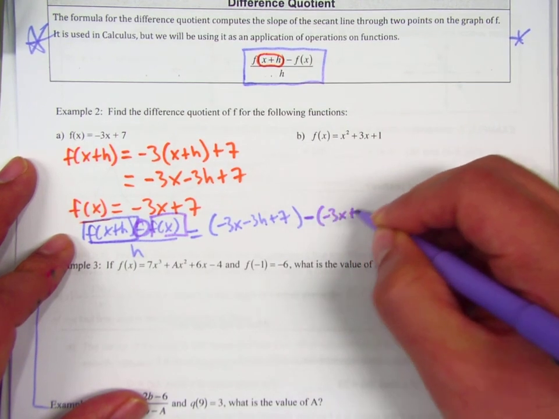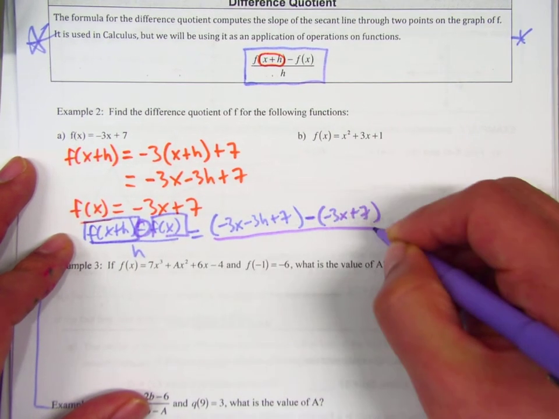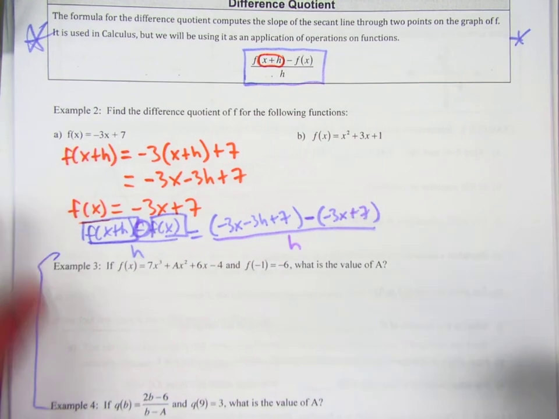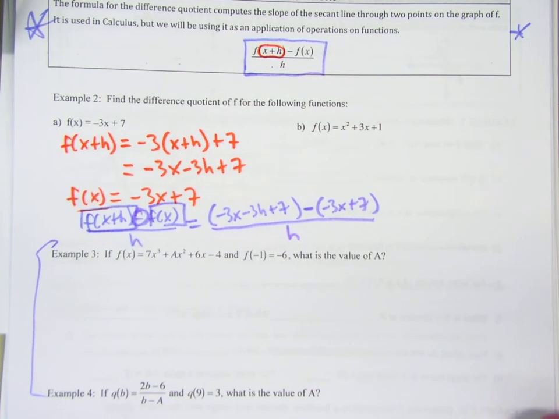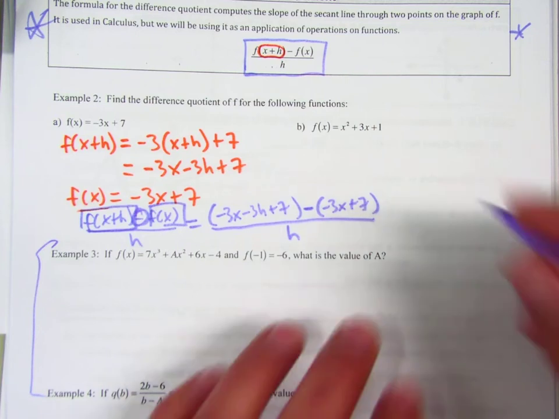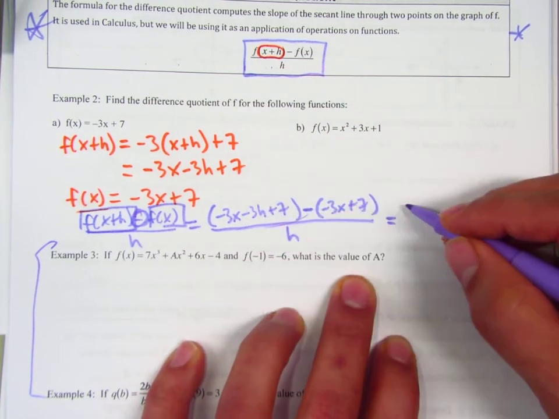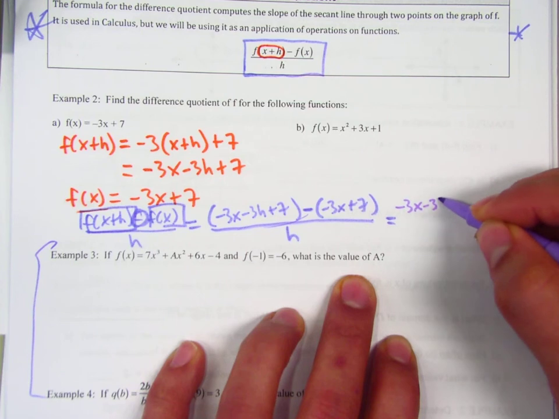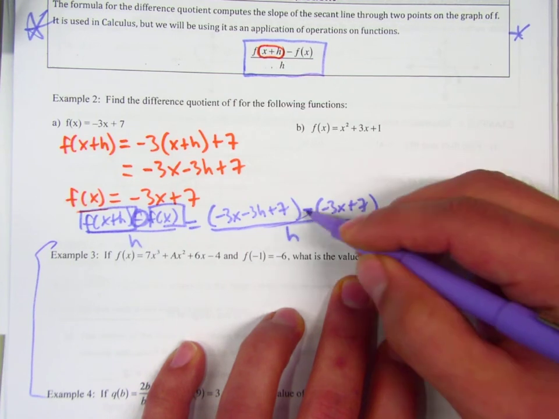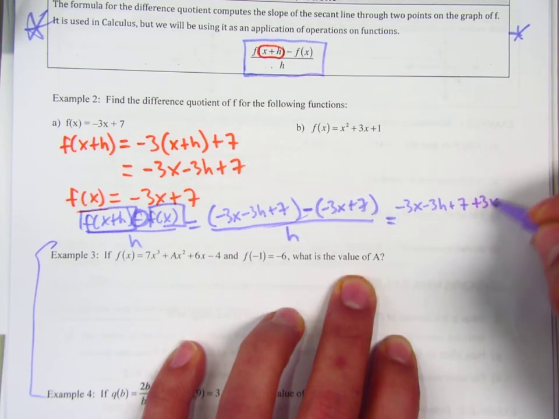That way I don't make any mistakes. And then that's all divided by h. Okay. Does that make sense so far? Now we just combine like terms. This first one, you can just lose the parentheses. There's nothing to distribute. The second one, you distribute the negative.